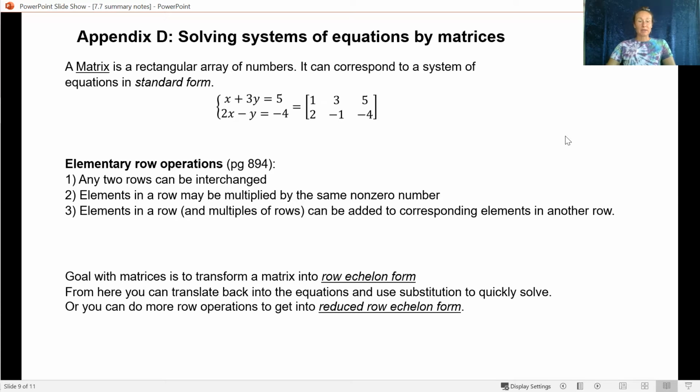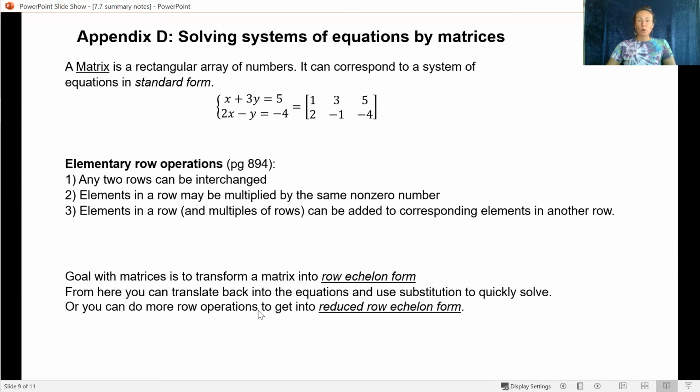Our goal with a matrix is to transform it into a matrix that's in what we call row echelon form. And that's where you have 1s all along the diagonal and 0s below that. The numbers above it are still okay. Once we get to that point, we can translate it back into our linear equations and solve from there using substitution.